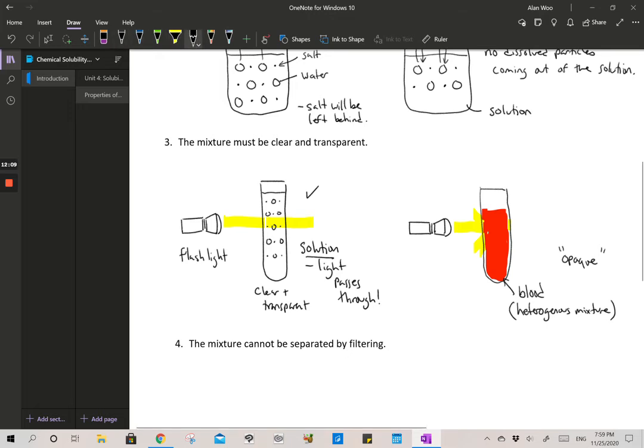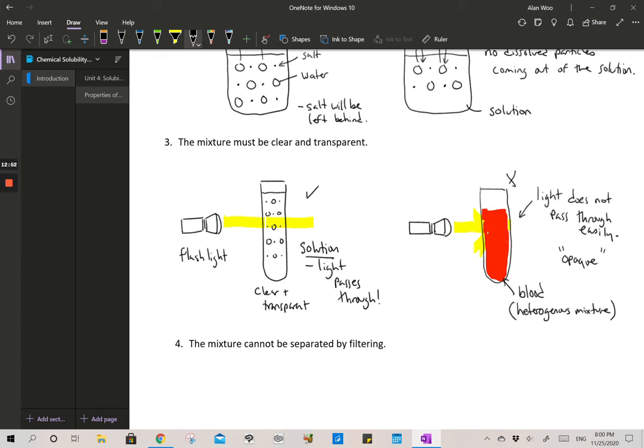So light does not pass through easily. Okay, so this little test here, just by using light to shine through, similarly, you could also look at whether or not you can see through the solution to the other side, to see the images on the other side.